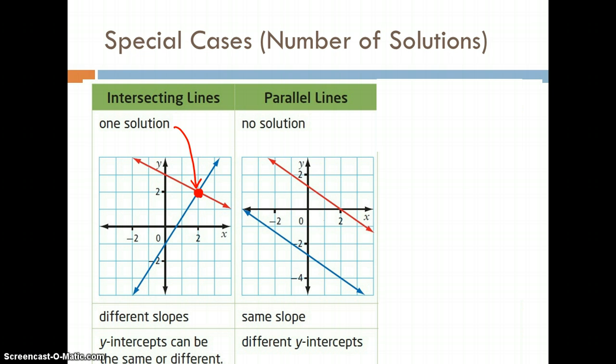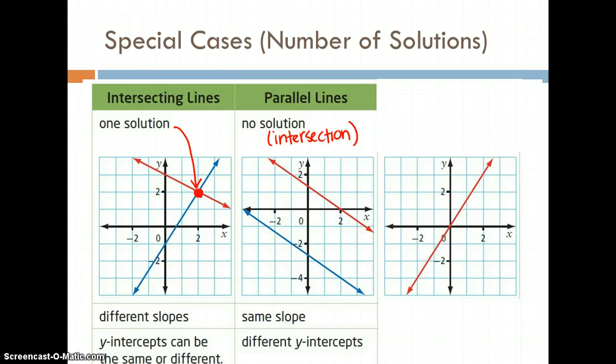Well, these parallel lines end up having no solutions because they never are going to meet. So no solution means no intersection. If they don't intersect, then there isn't a possible solution. There's no answer that we could be looking for.